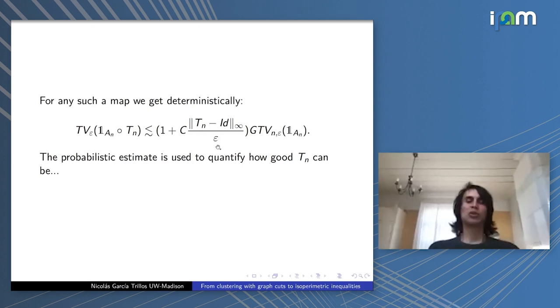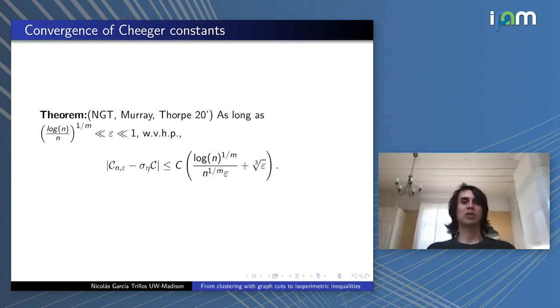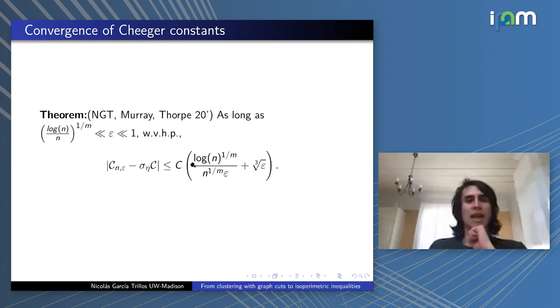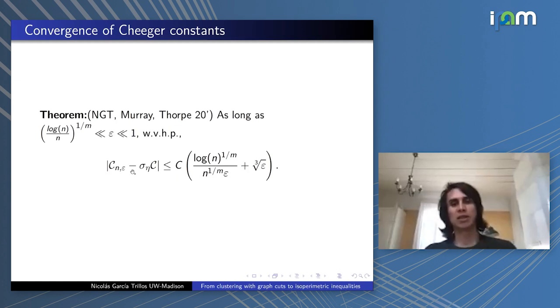Okay, so one puts this together with the other deterministic estimates, and what one obtains is a result that reads more or less like this. This is the first result that we present. It says that as long as epsilon doesn't decay too fast to zero, with very high probability, and you can write exactly the exponential decay, the difference between these Cheeger constants scales in this way.